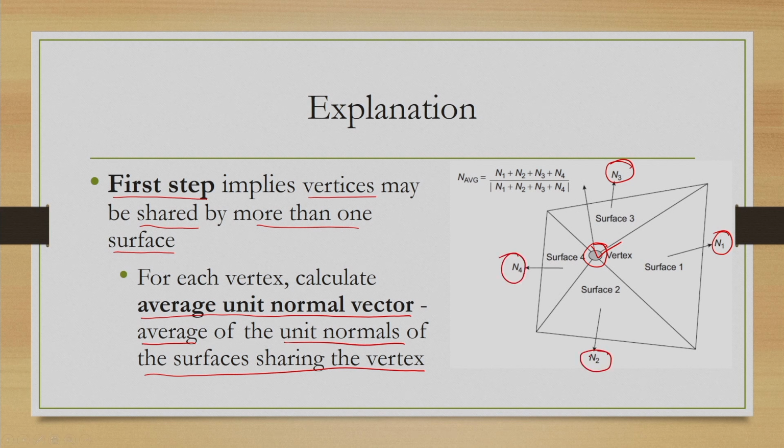We take the unit normal vectors, then compute the average using this simple formula. So, this is a vector addition divided by a scalar quantity, which is the modulus of the 4 unit vectors. So, at that particular shared vertex, we compute the average unit normal.